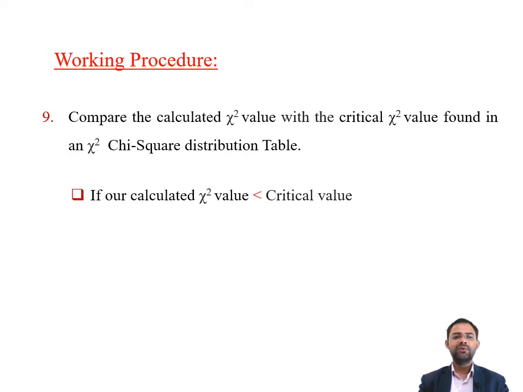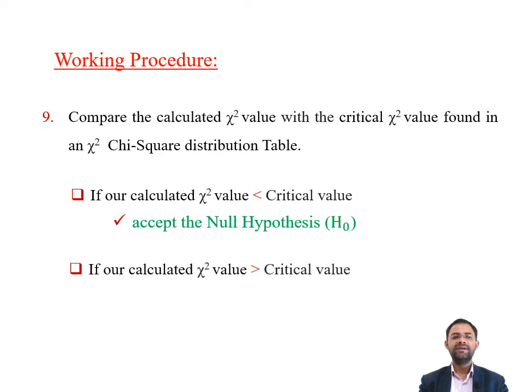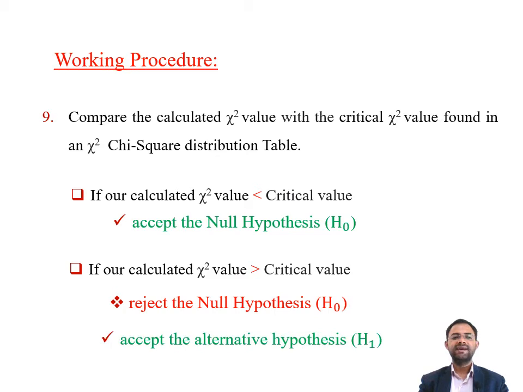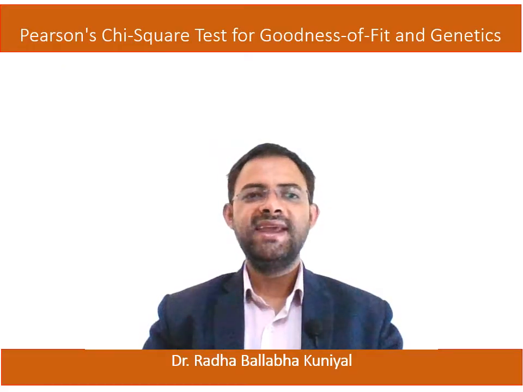If our calculated chi-square value is less than the critical value, then we will accept the null hypothesis. If our calculated chi-square value is greater than the critical value, then we will reject the null hypothesis and accept the alternative hypothesis. Now here I will take an example to understand how to calculate the chi-square test for goodness of fit.